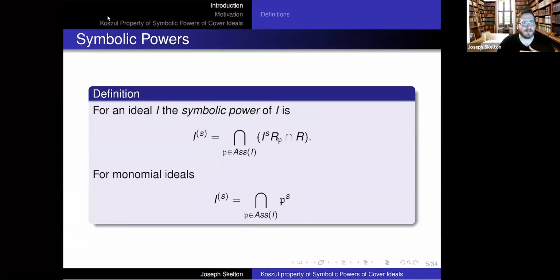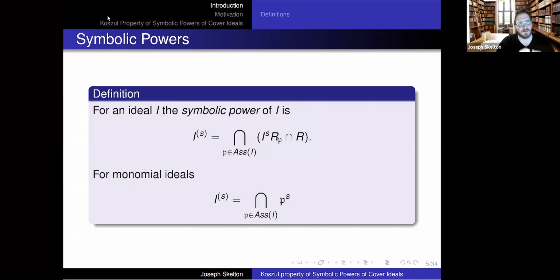Symbolic powers is a very popular topic of discussion these days. For the symbolic power of I, you take the ordinary power of I times the localization of the ring at an associated prime, intersect that with the whole ring, and then intersect all of those across all associated primes.